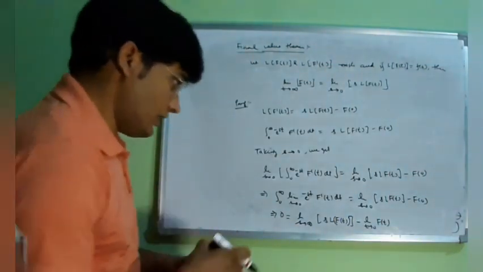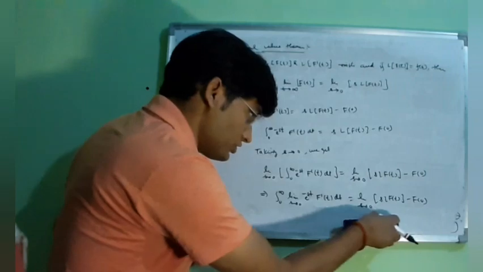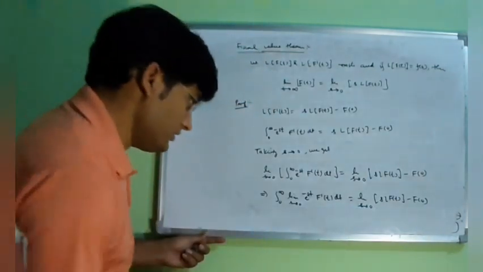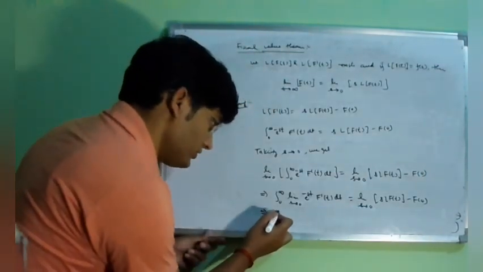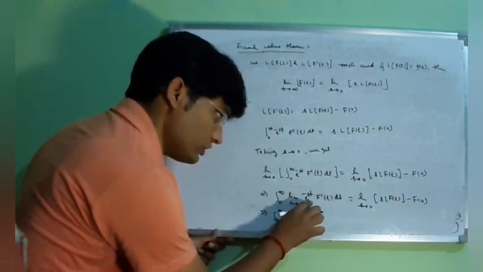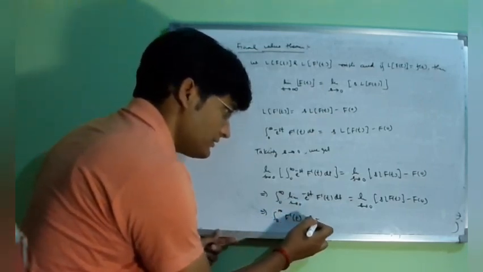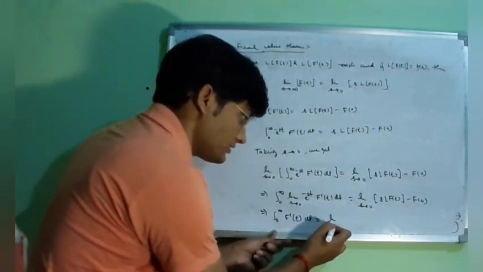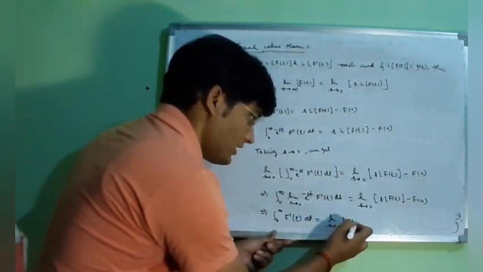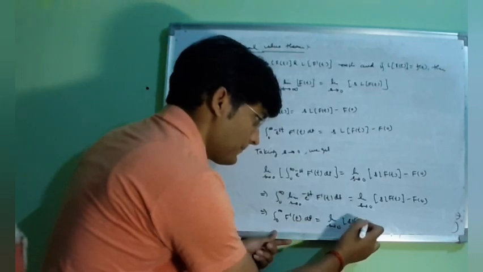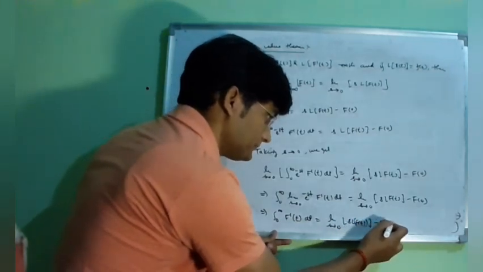Now this left hand side will not become 0, and we have integral 0 to infinity. Now this will be e to the power minus 0, that is 1, and this is equal to limit s tends to 0 of s Laplace f(t) minus f(0).